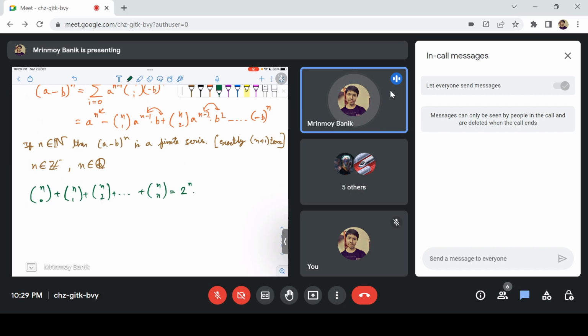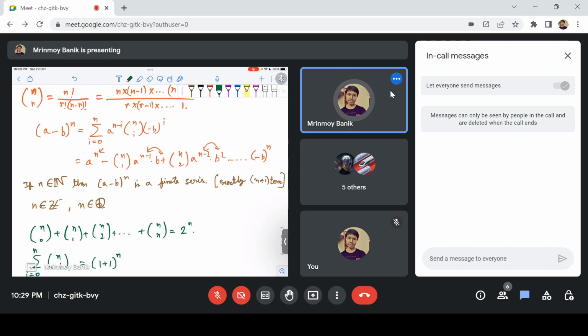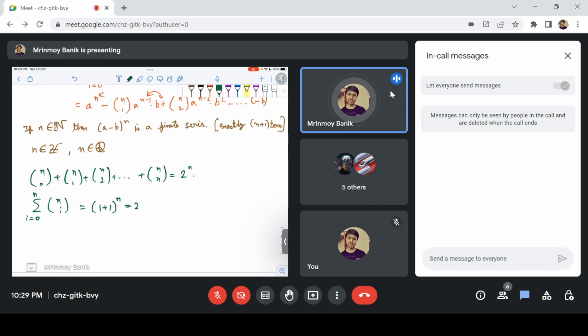This can be shown using combinatorial arguments, or you can opt for other algebraic methods like the sum over nCi, i runs from 0 through n. So this is what you want, right? Now observe that this is exactly the expansion of 1 plus 1 power n, from the definition. Hence this is equal to 2 power n.